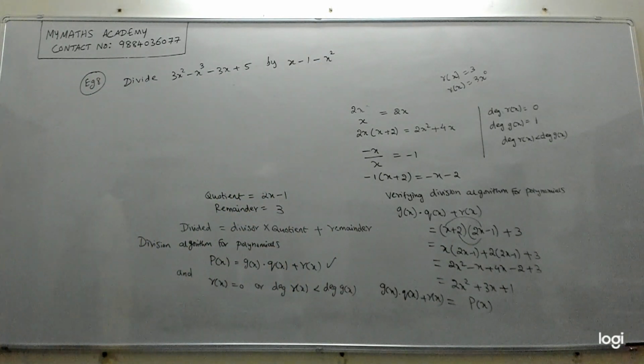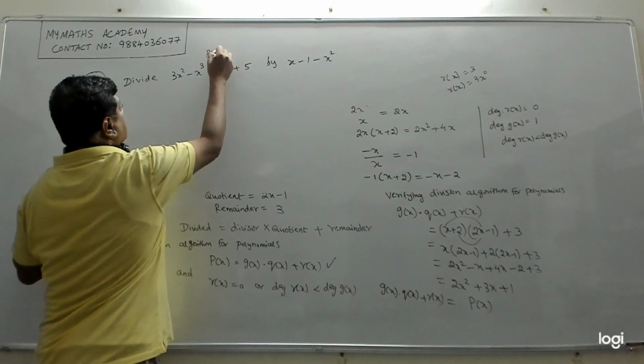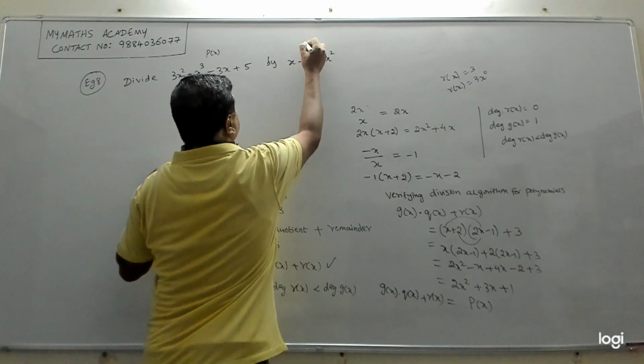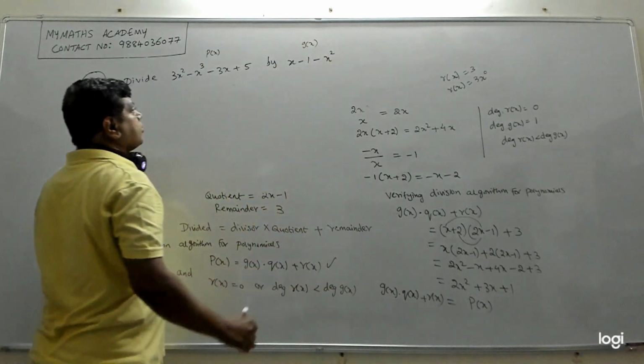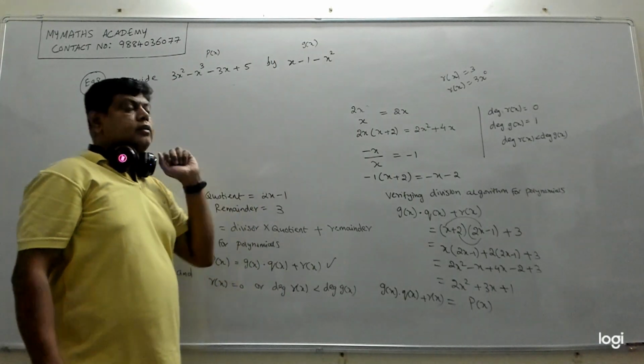Divide 3x square minus x cube minus 3x plus 5 by x minus 1 minus x square. So obviously this is your p of x, and this is your g of x. This is your dividend, this is your divisor, right?